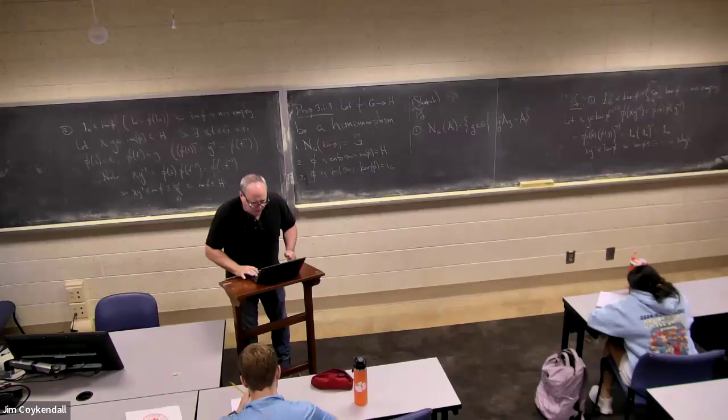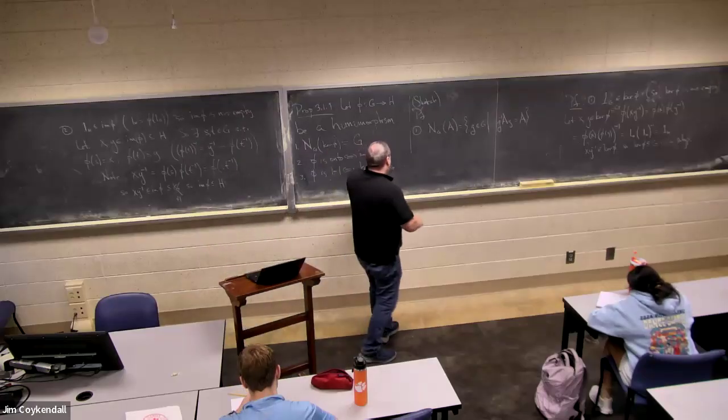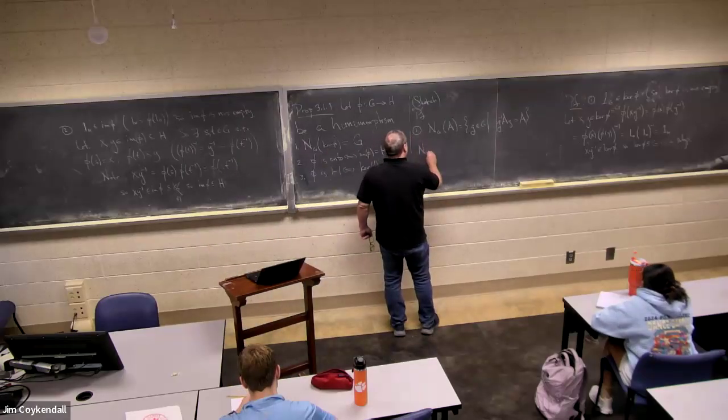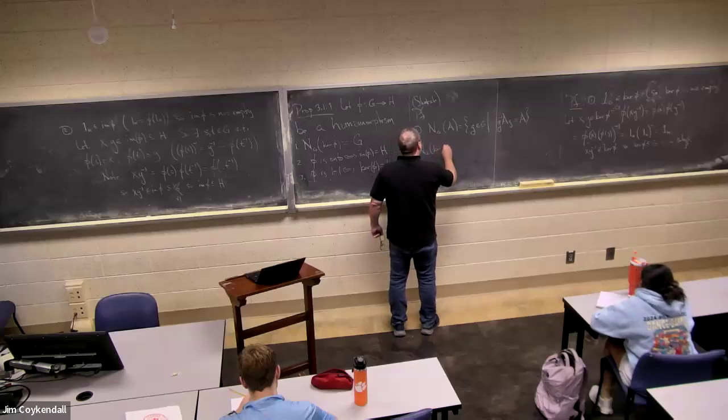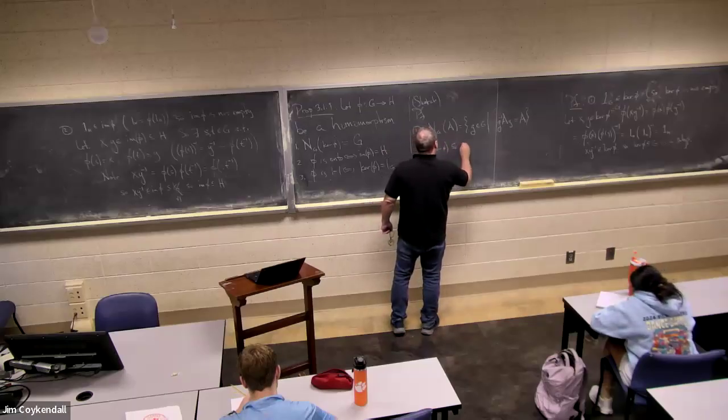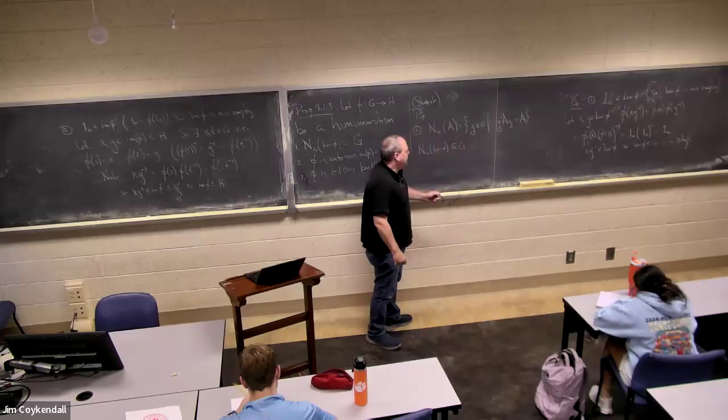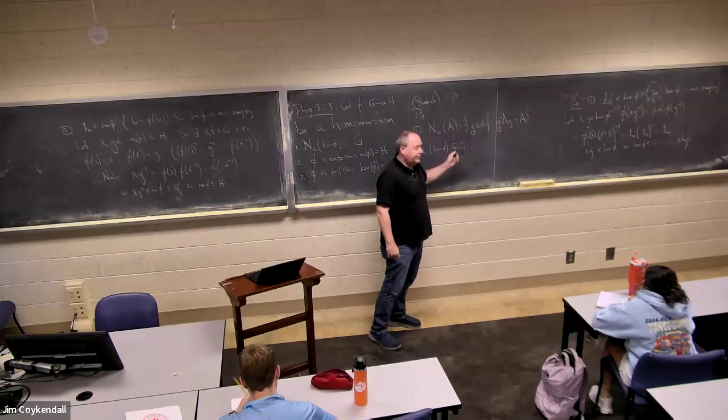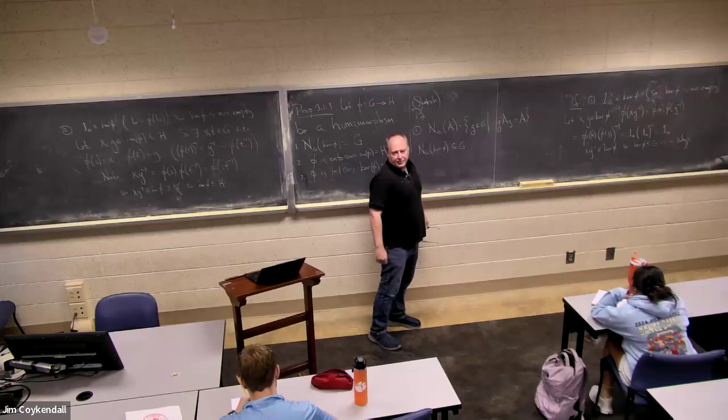So the normalizer in G of the kernel of phi is always contained in G by definition, because by definition this thing is a subset of the set.